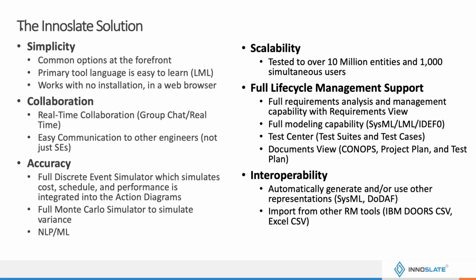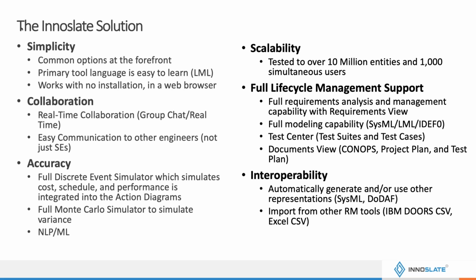Accuracy, of course, making sure that the models make sense and using simulation for that purpose, but also the use of natural language processing and machine learning to do a better job of understanding things like requirements traceability and modeling heuristics.